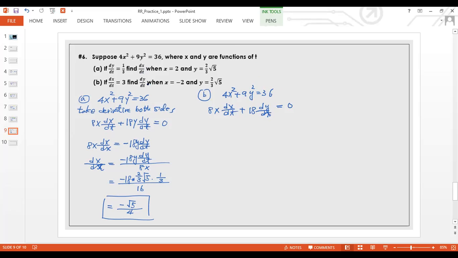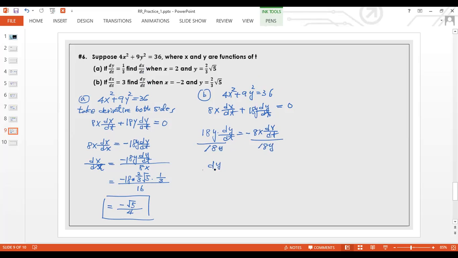So 18y dy/dt is equal to negative 8x dx/dt, correct? Then you divide by 18y.